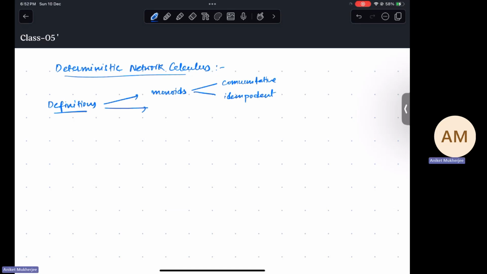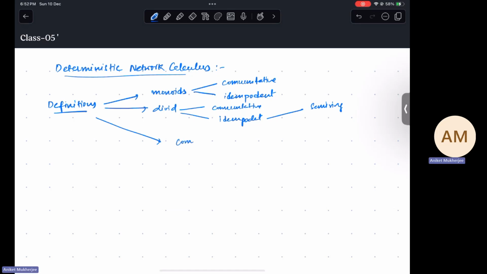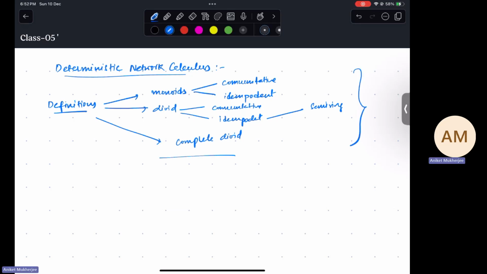Then we saw definitions of dioid, commutative and idempotent, where the idempotent dioid was known as semi-ring. Then we saw what a complete dioid is. So these definitions were what we saw in the last class.